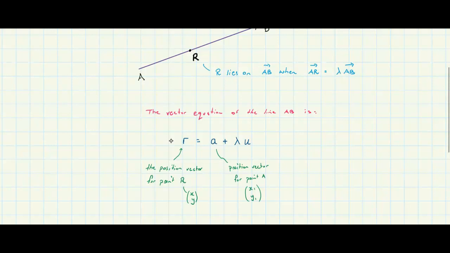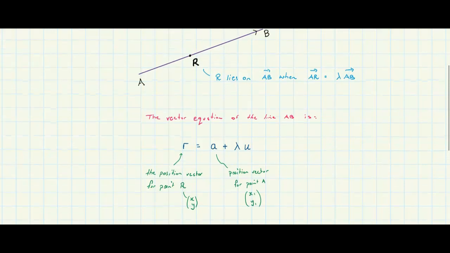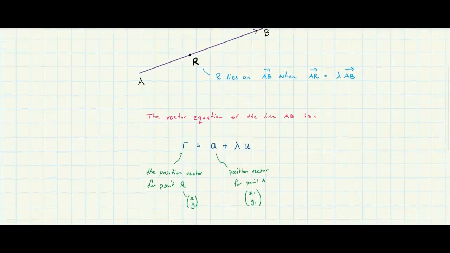That's a fixed point. R is a general point that lies on the line AB, so that's why it's got xy as its position vector. Lambda here is a scalar, a constant, and U is our direction vector for the vector AB. And we represent U by U1, U2.